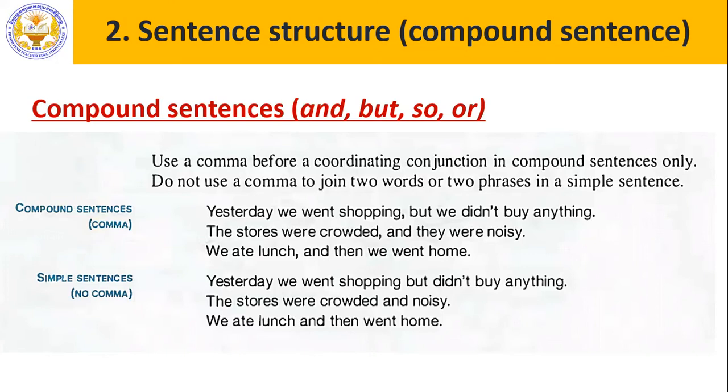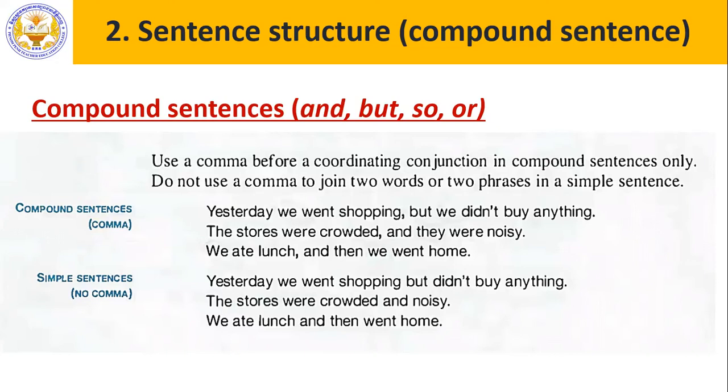We need a comma. Do not use a comma to join two words or two phrases in a simple sentence. Sometimes we have two verbs in a simple sentence, right? Or two subjects in a simple sentence, but we don't need a comma like in a compound sentence, right? So look at the example down here.